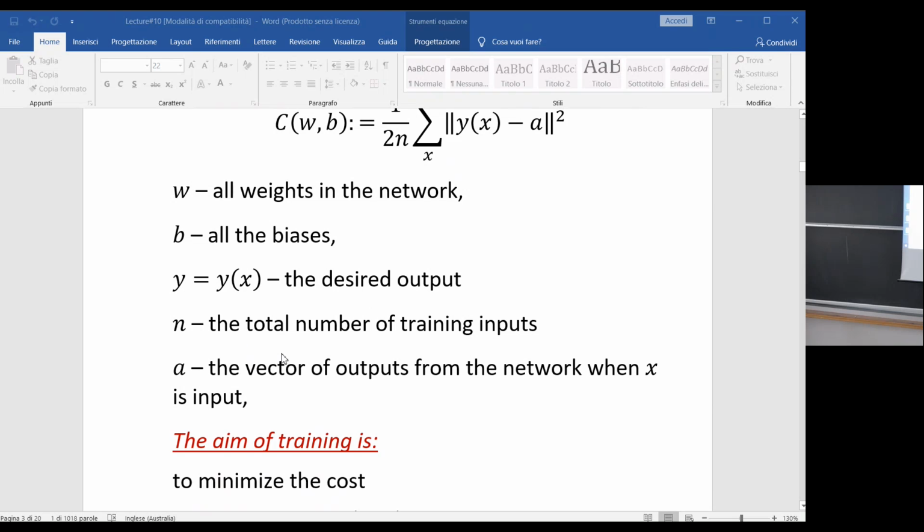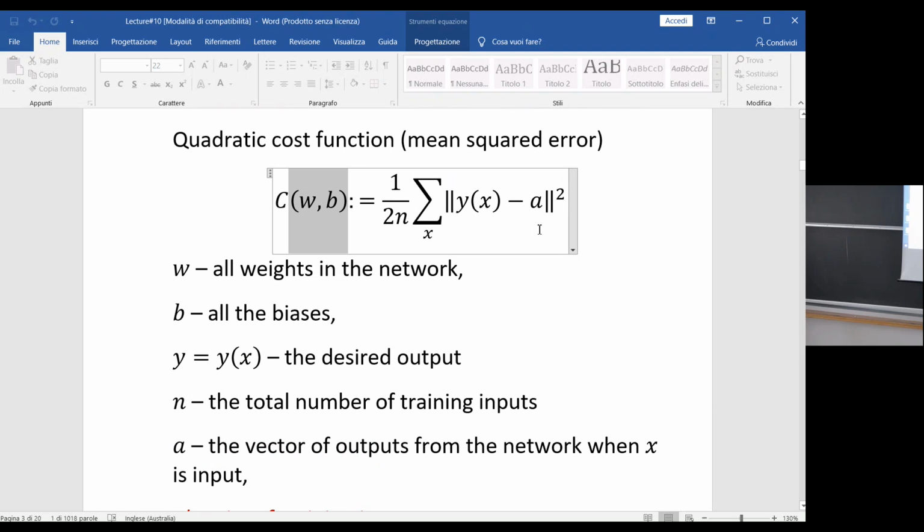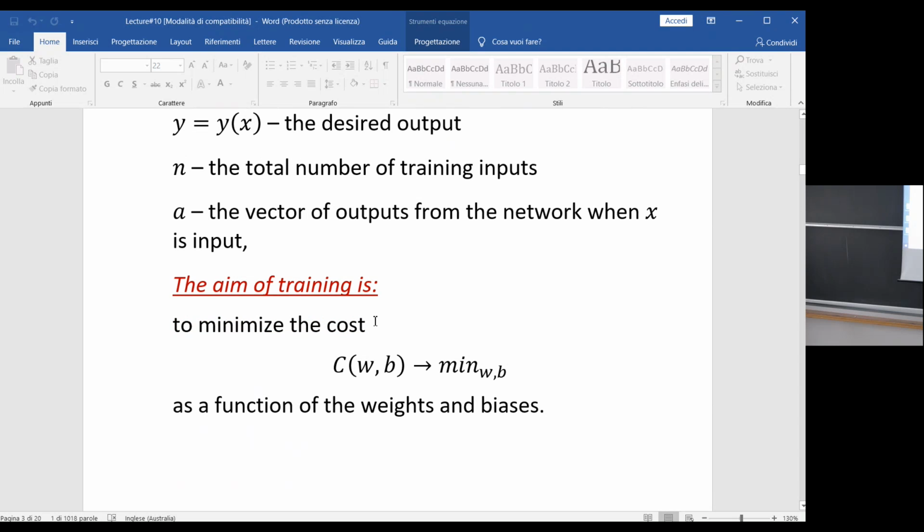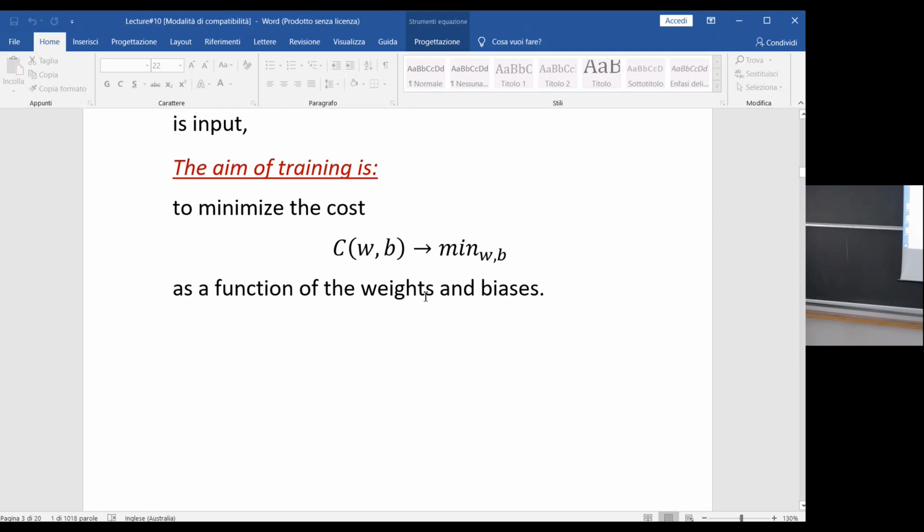And a is the vector of outputs from the network when x is the input. Okay, so it is the real result of our network. So the aim of our training is to minimize the cost, that is, to minimize the mean square error. So C of w, b should be brought to a minimum by the w and b parameters, as a function of weights and biases.